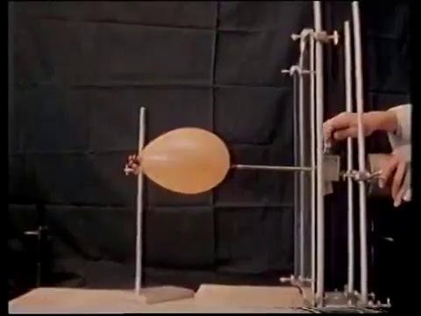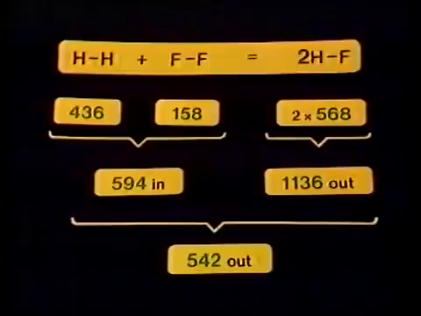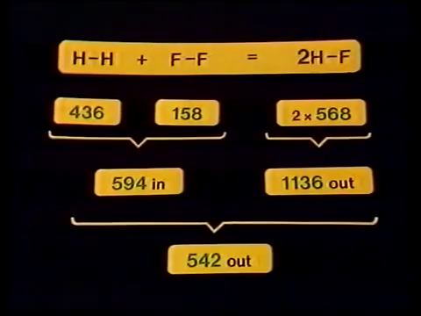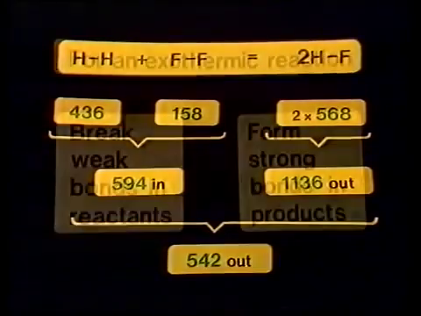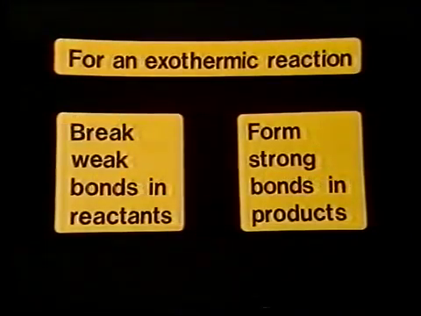It's one of the reasons why the reactions of fluorine are usually very energetic. So we can summarize our findings. A reaction will be exothermic if weak bonds are broken and replaced by strong ones. So, a good propellant should have weak bonds in the reactants and strong bonds in the products.